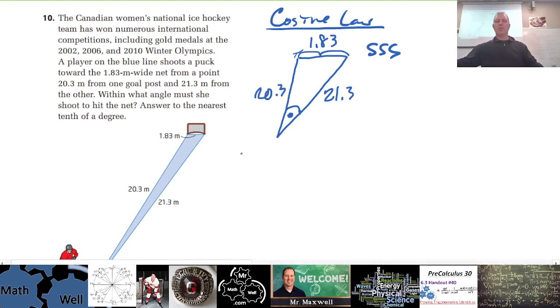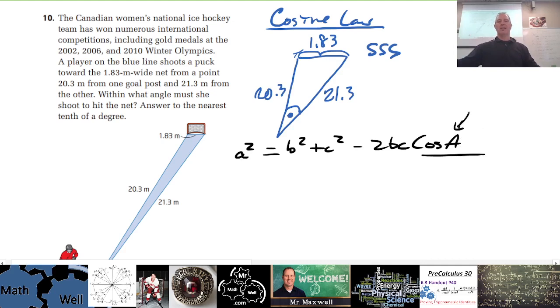I always remember this: a squared equals b squared plus c squared minus 2bc cos A. Now you could do Pythagoras, like this is c squared, doesn't matter. But what we want to do is find A here. This is an angle, and this is the side that's opposite. If you want to reorganize the formula right away, you go ahead.